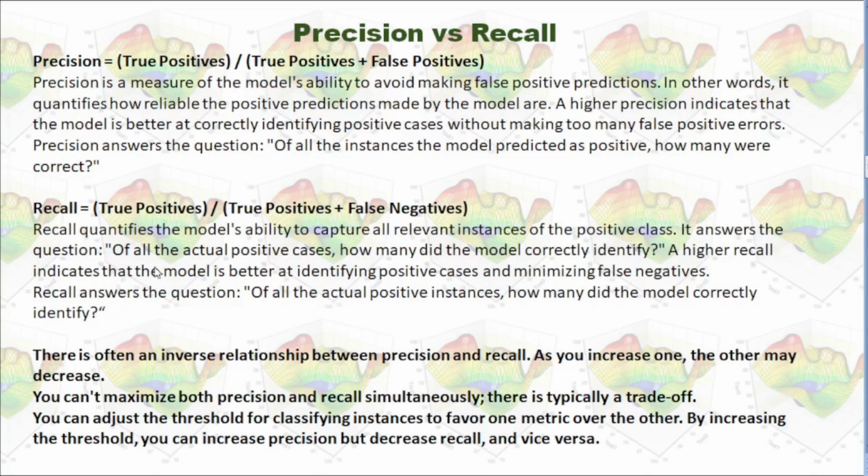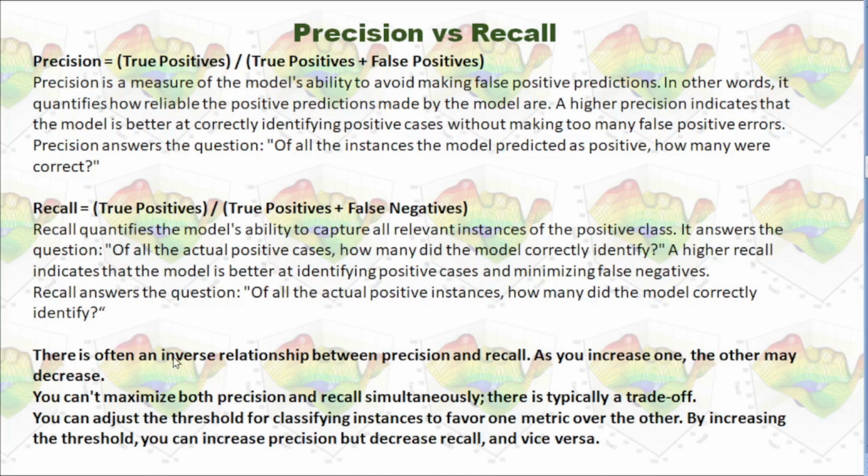Recall quantifies the model's ability to capture all relevant instances of the positive class. Recall answers the question: of all the actual positive instances, how many did the model correctly identify?